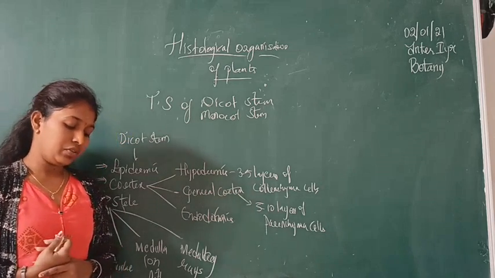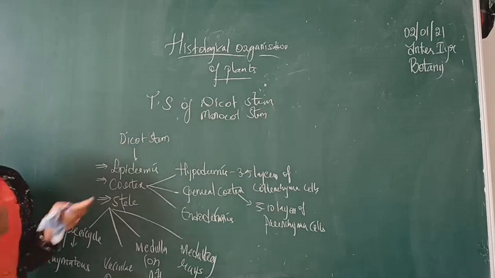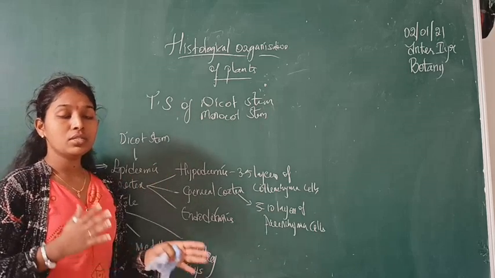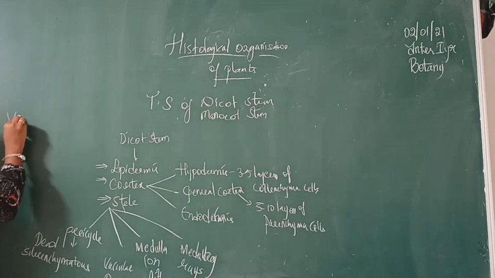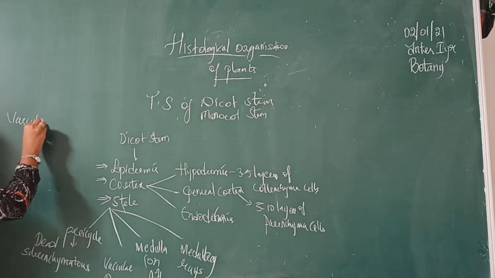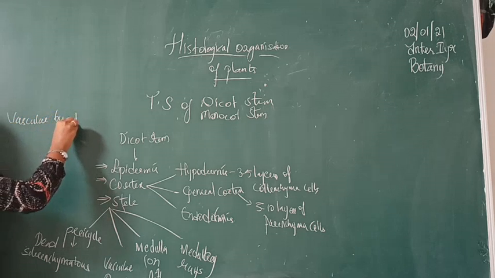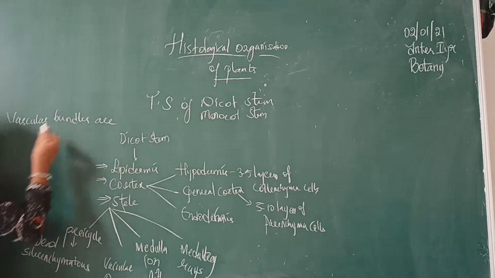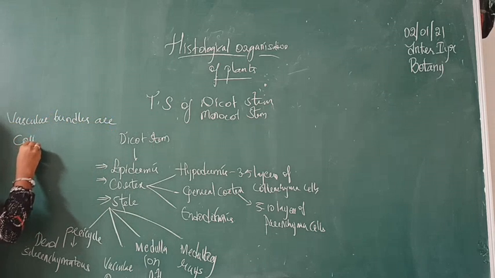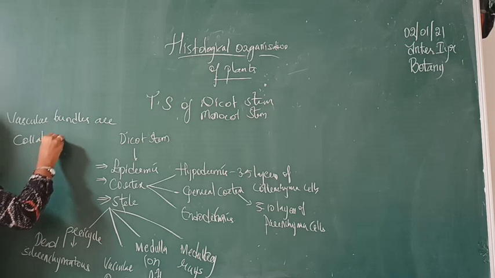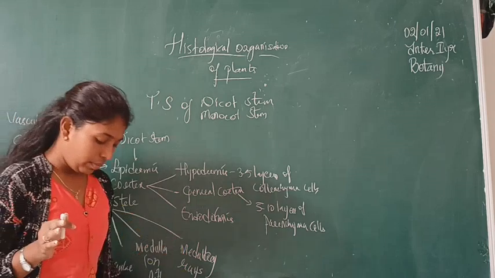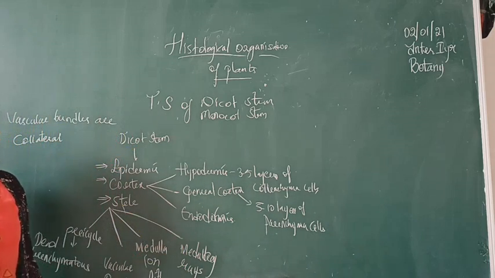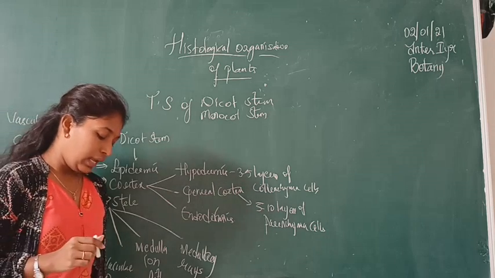They are collateral. Collateral means xylem and phloem are side by side on the same radius. In this dicot stem, the vascular bundles are collateral.